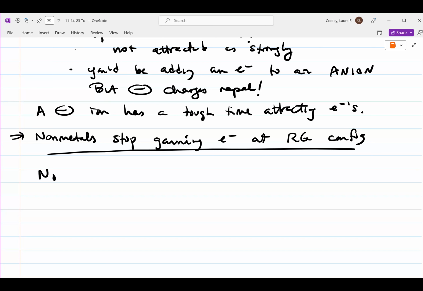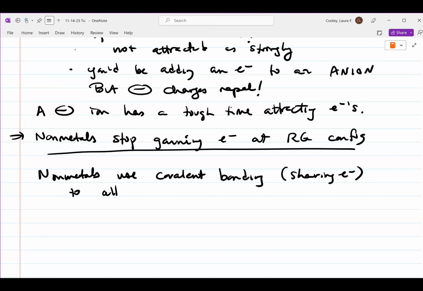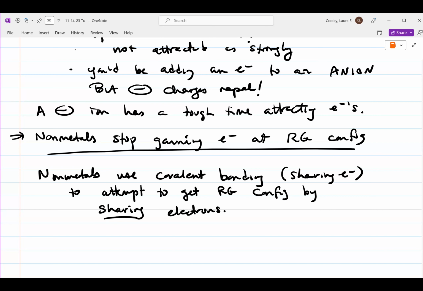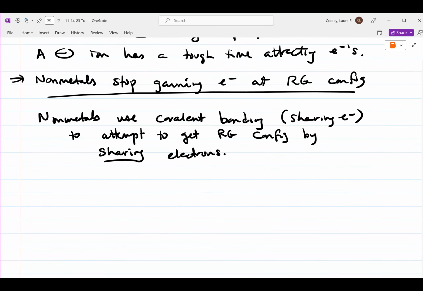So nonmetals use covalent bonding, or sharing electrons, to attempt to get the rare gas configuration by sharing electrons, which we are really just about to get to. In fact, we have really just segued into chapter 7.